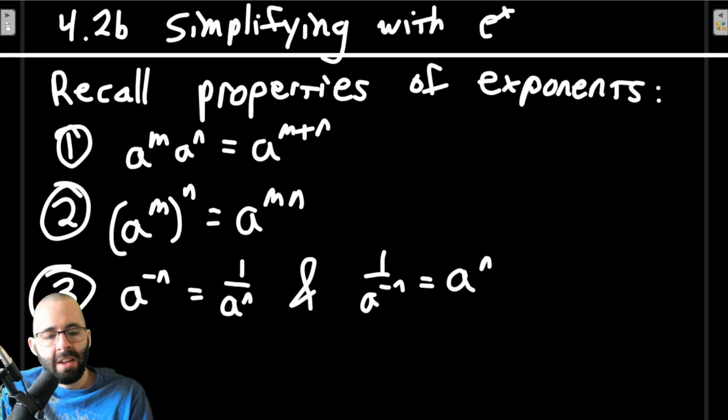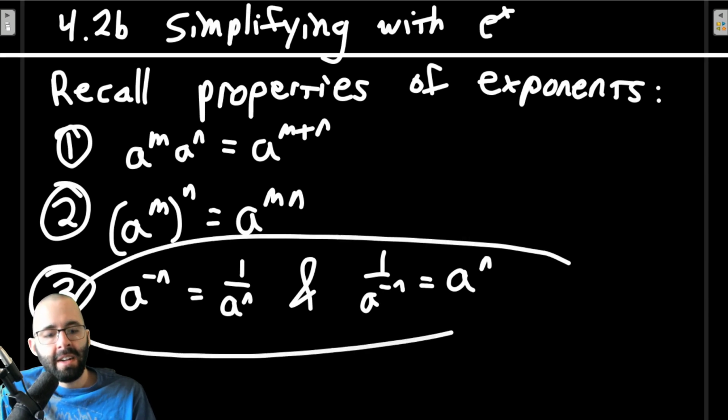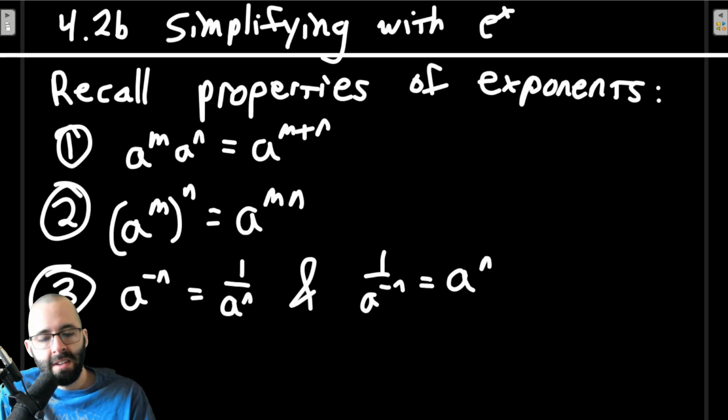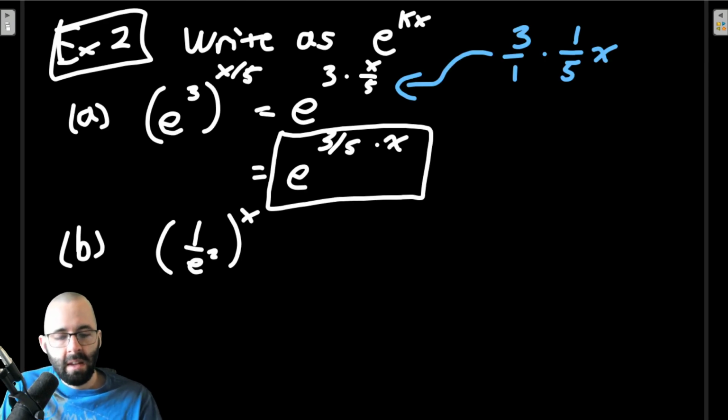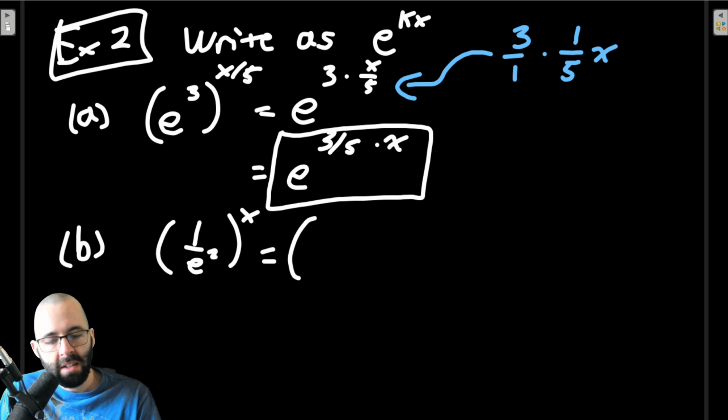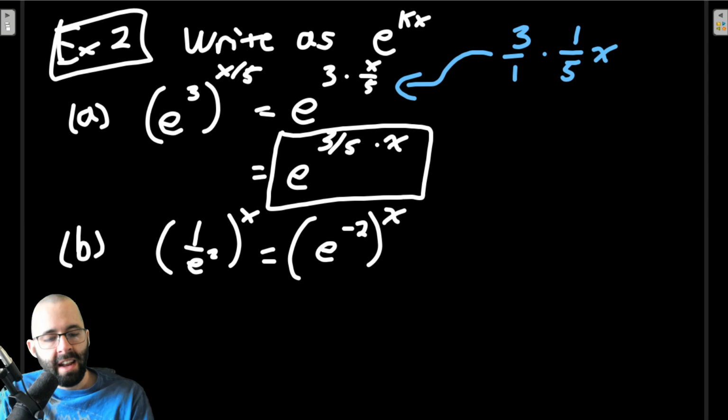So let's deal with that using properties of negative exponents, right? 1 over an exponential function is the same as no 1 at all with a negative exponent. So we need to use negative exponents here, okay? So this is going to be e to the negative 2nd power raised to the x. That negative exponent right here is what flipped it to the bottom and vice versa.